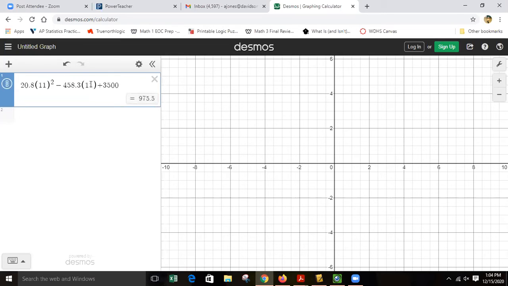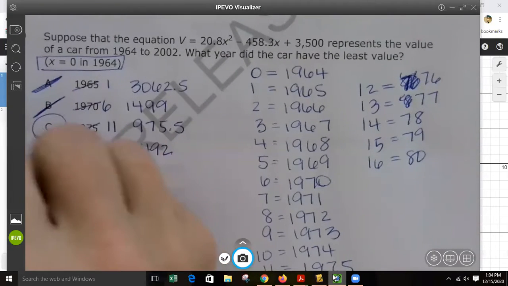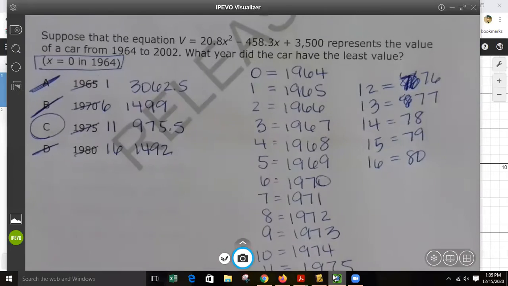You'd have to just keep retyping it in the calculator. So we get 975.5. So that one's the smallest so far. And then we have 16, which will be 1492. So I wrote all those values down. The smallest one is C.